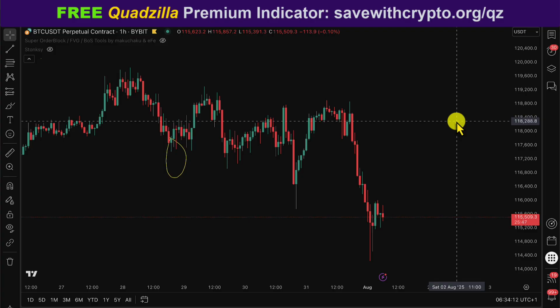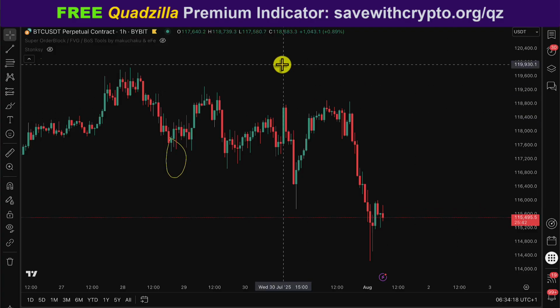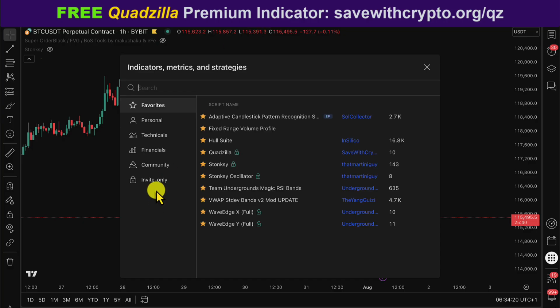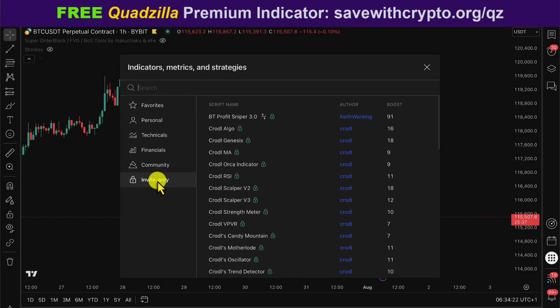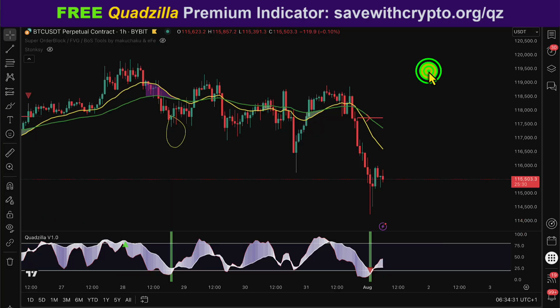Now once you've gone through the steps to get it, your invite will be approved and you'll see it in your invite only section here. There it is. Okay, so we're currently on Quadzilla version 1. Now this is the 1 hour time frame with Bitcoin, and there's a couple of things that are interesting here.